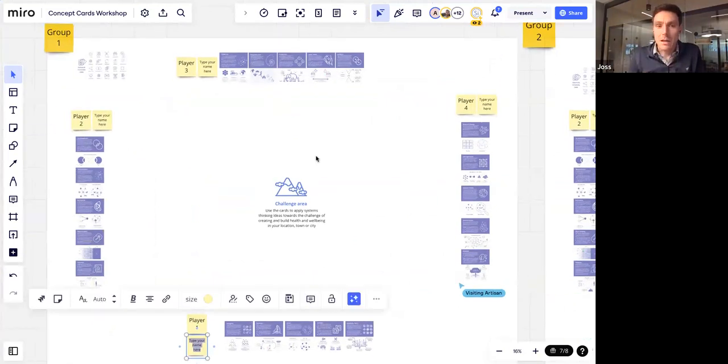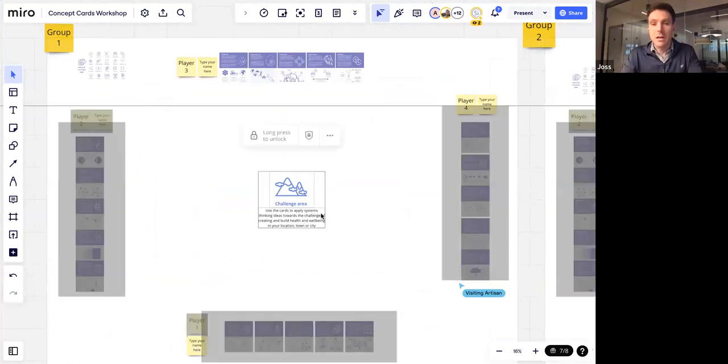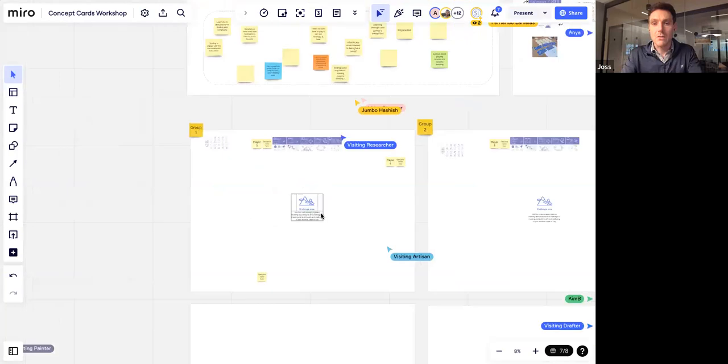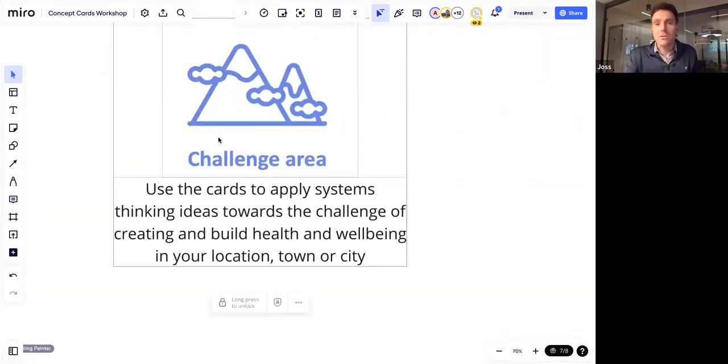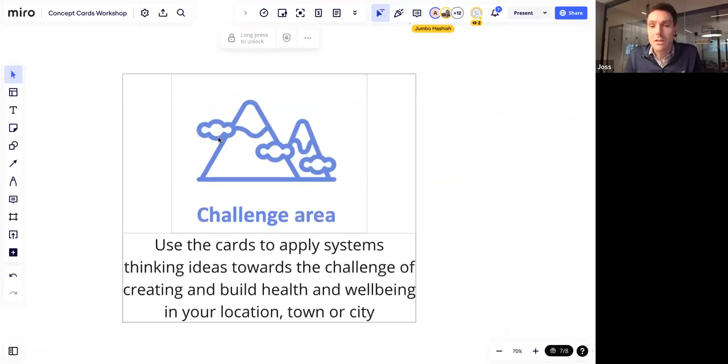And that's kind of the setup. You have your players there. They each have their cards. We have the challenge in the center here. So today's challenge is going to be around, okay, things just disappeared, but I think they'll come back. So the challenge today: using the cards to apply systems thinking ideas towards the challenge of creating and building health and well-being in your location, town, or city.